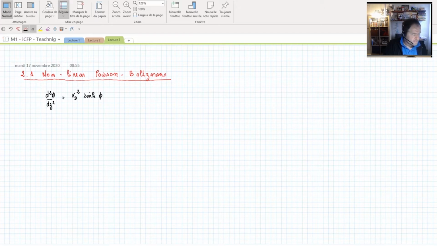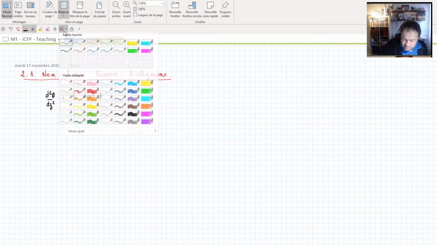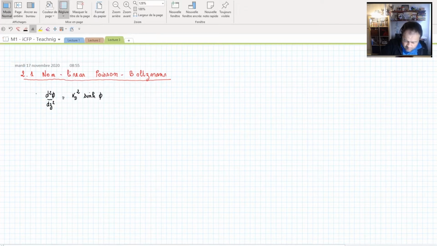It's just to let you write a little bit. And yes, if you multiply both sides by d phi over dz, you should be able to integrate it.